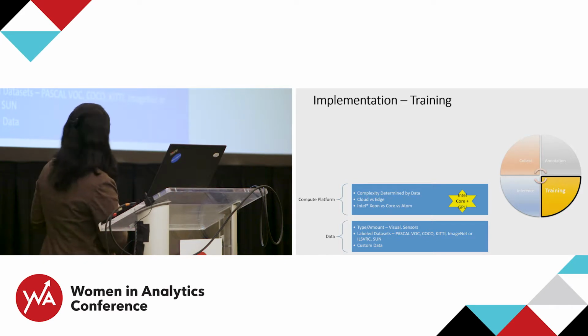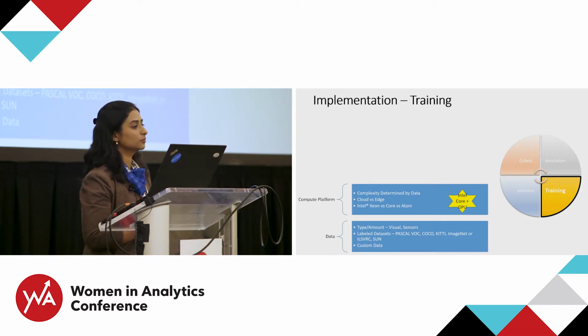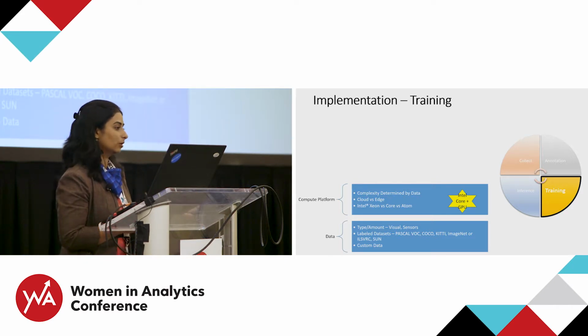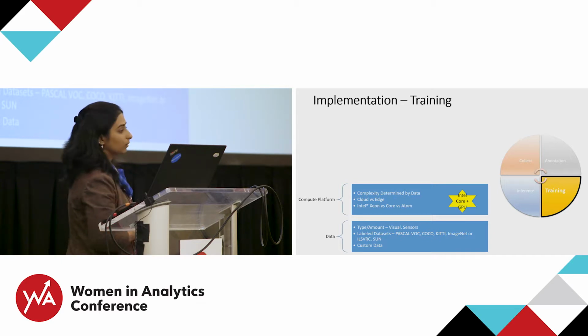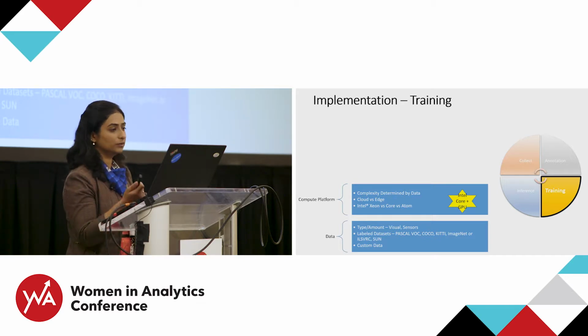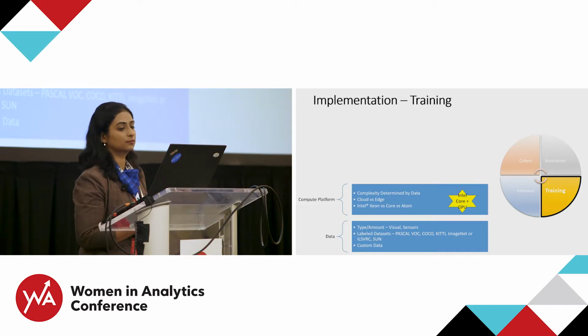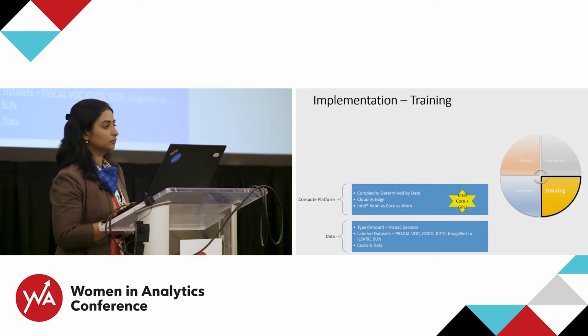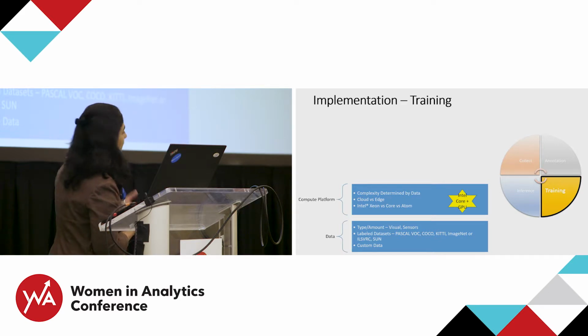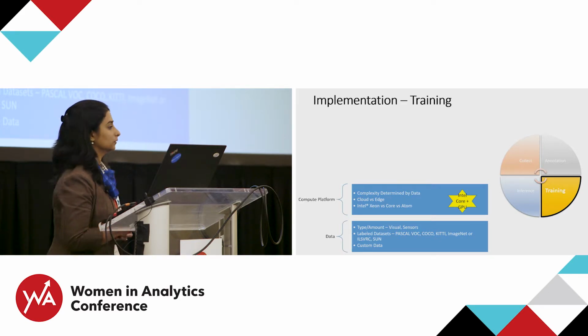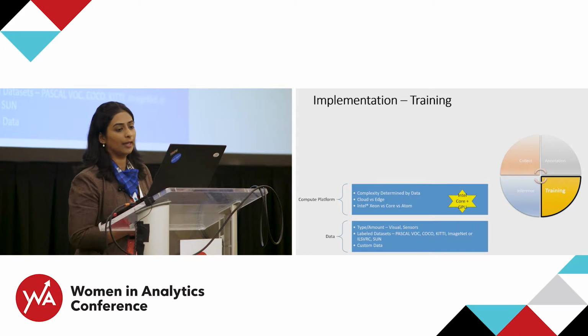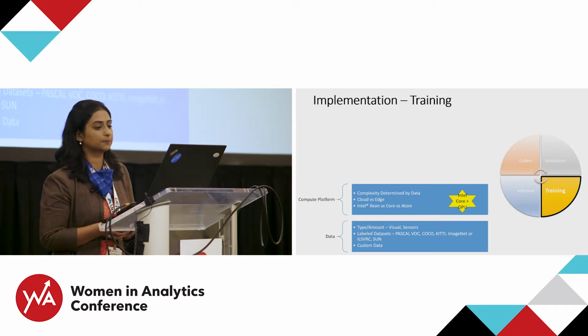So for the autonomous vehicle, you could have a server just running on your car and then collecting all these sensor data, all the data coming from the camera there, to generate the model using training. So you could use an Intel Xeon or a Core processor, or maybe a lower-end processor like an Atom.